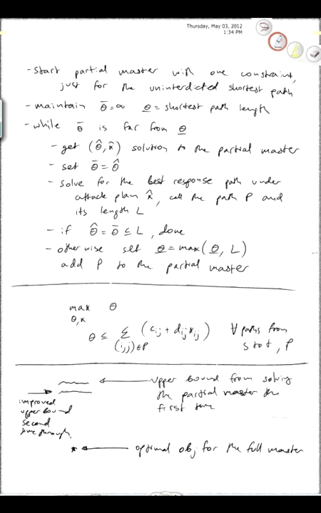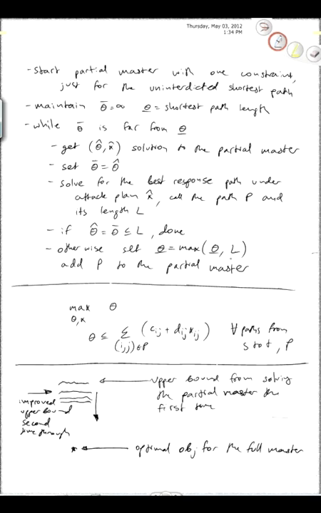And that's because the second time through, the partial master is more constrained. The third time, it's going to be more constrained, and so forth. So these upper bounds are monotonically decreasing, which is why we don't have to be careful here. We can just say that the upper bound is equal to whatever comes out of the partial master.